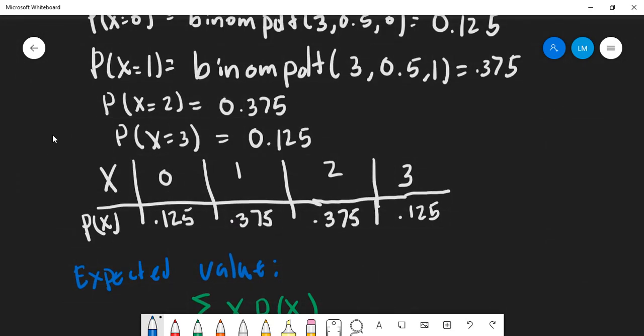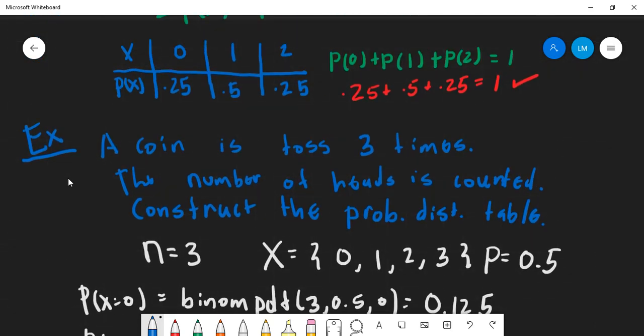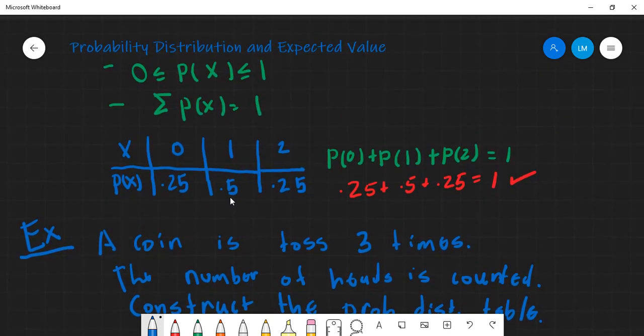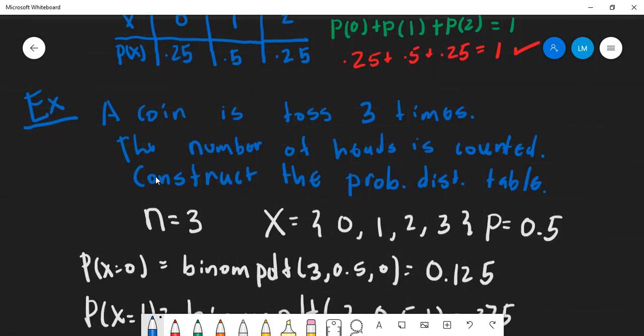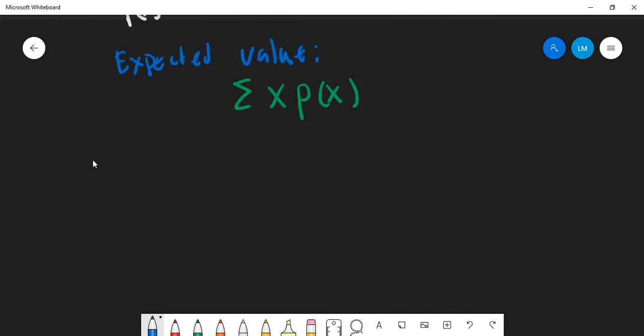So, for example, if we look at our initial probability distribution table, we have that this was 0, 1, and 2. So let me just draw that probability distribution table again.